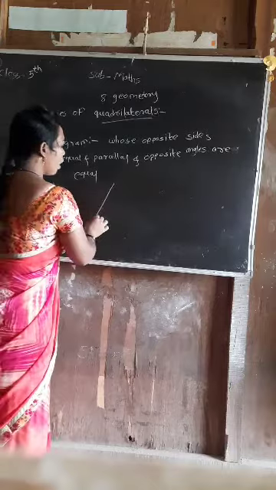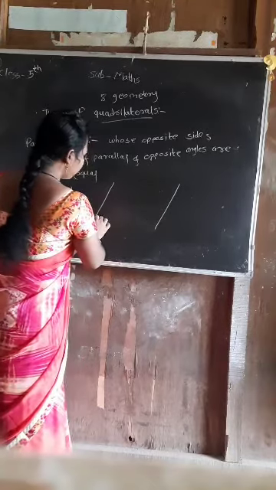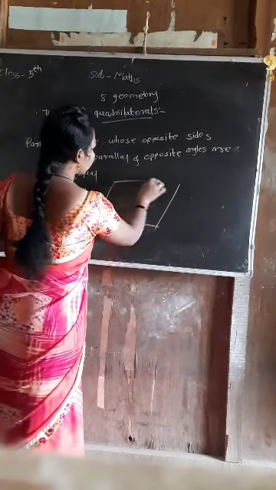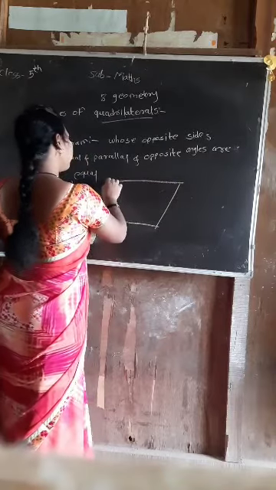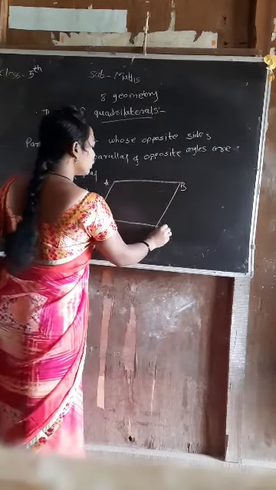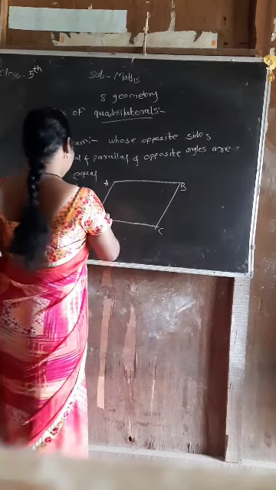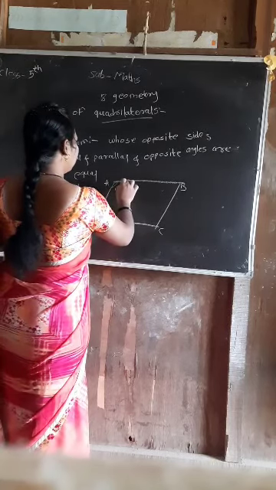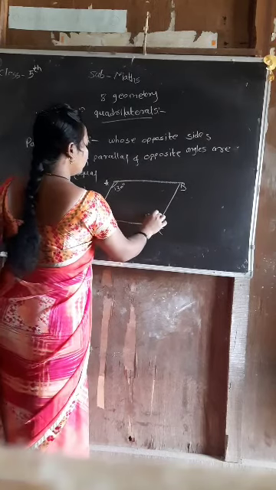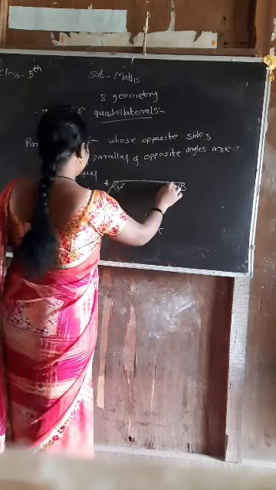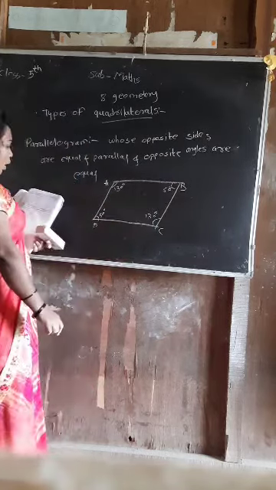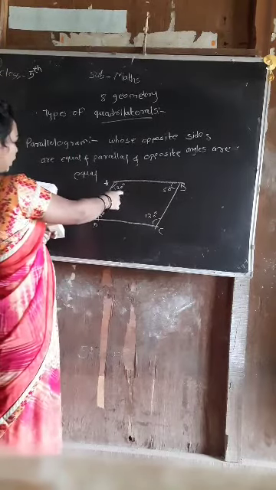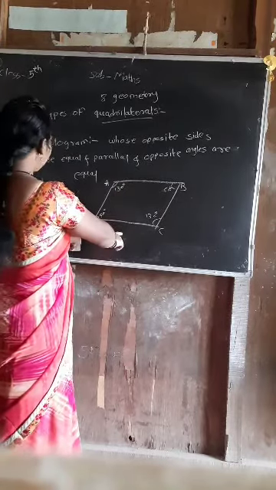We have drawn one parallelogram ABCD. Parallelogram is a type of quadrilateral whose opposite sides are equal and parallel.